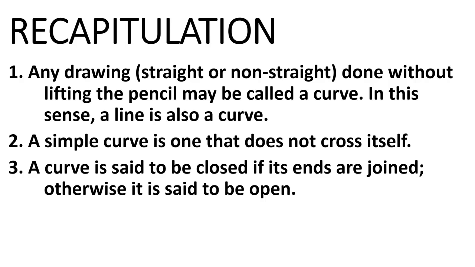Or in other words, a curve is a closed curve if its starting point and ending point are the same. Otherwise, it is said to be an open curve, or we can say an open curve is a curve whose starting point and ending point are different.